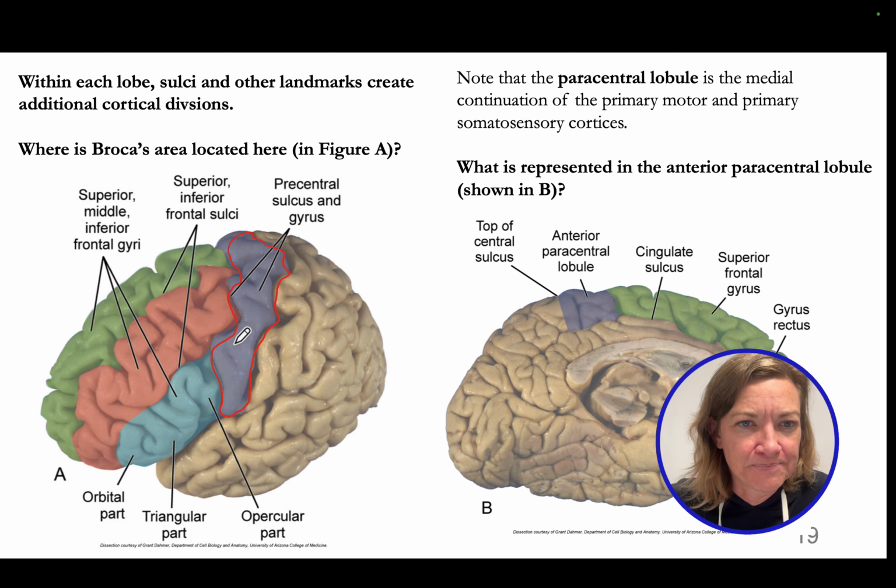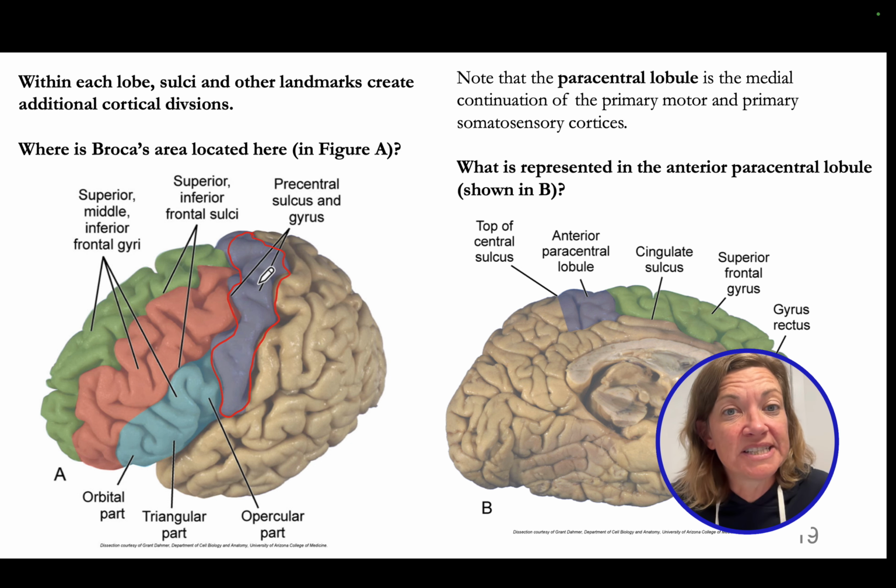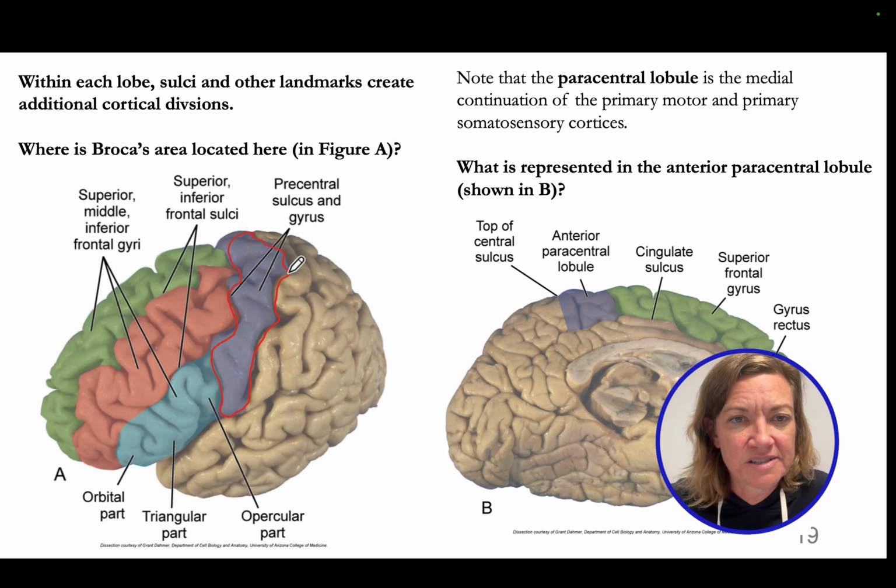We would say the precentral gyrus is bound posteriorly by the central sulcus and anteriorly by the precentral sulcus. That's how we'd use sulci to delineate specific bits of brain. You can see other subdivisions here: superior, middle, and inferior frontal gyri, in turn separated by superior and inferior frontal sulci.